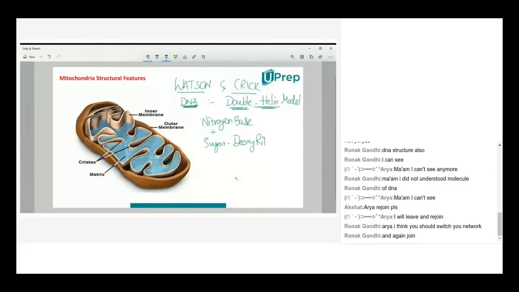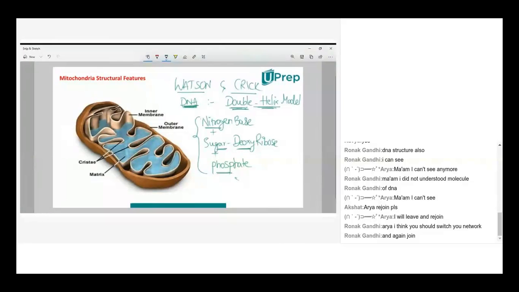Then we'll have a phosphate molecule. So this is the DNA molecule. What is the DNA molecule? It will have three components: a nitrogen base, a sugar, which is deoxyribose sugar, and a phosphate molecule.